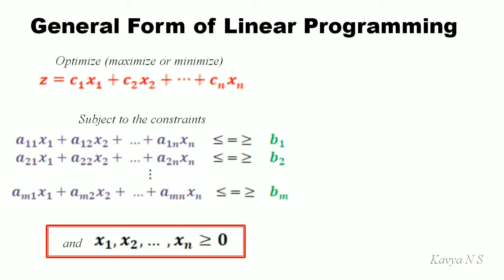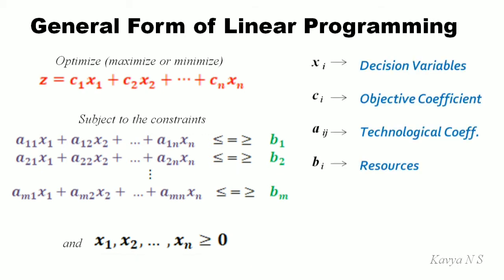Please note that it can also be 0. Here x, that means x1, x2, so on up to xn. Xi's are called decision variables, Ci's are called objective coefficients, Aij's are called technological coefficients, Bi's are called resources. We can understand the meaning of these terms while doing problems on LPP.